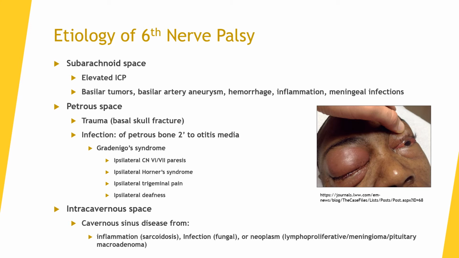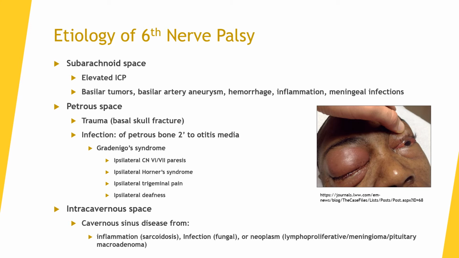In the petrous space, trauma, like the basal skull fracture, and infection of the petrous bone secondary to otitis media, so the infections spreading from the ear canals can be a problem. And this infection can lead to Gradenigo syndrome.